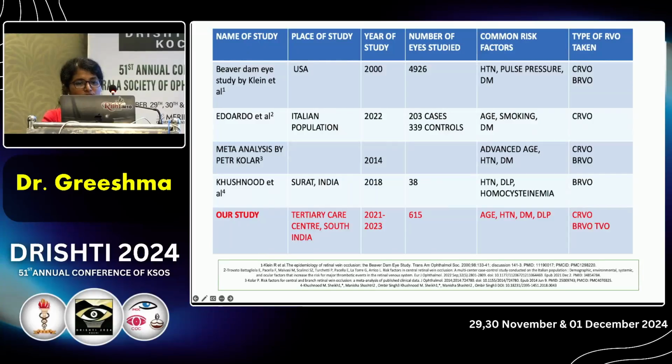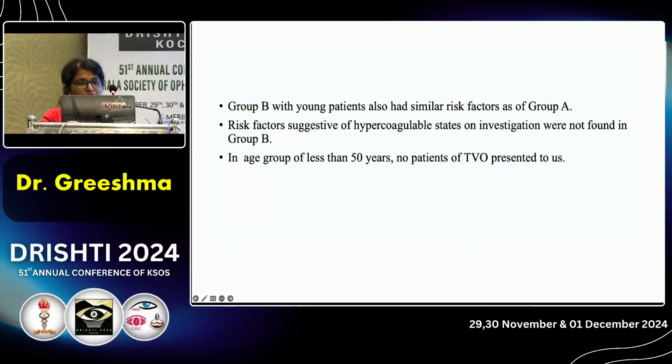Our study, which was done at a tertiary care center, South India, and we had the subpopulation of CRVO, BRVO and tributary vein occlusion, concluded that the common risk factors were age, hypertension, diabetes mellitus and dyslipidemia. The group B with young patients also had similar risk factors as group A. Risk factors suggestive of hypercoagulable states on investigation were not found in group B. In age group of less than 50 years, no patients of tributary vein occlusion presented to us.